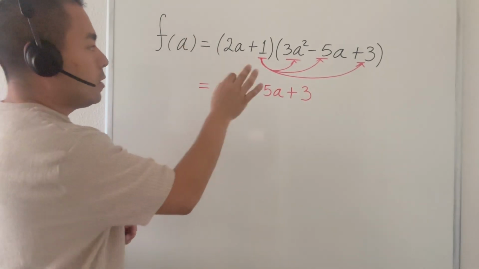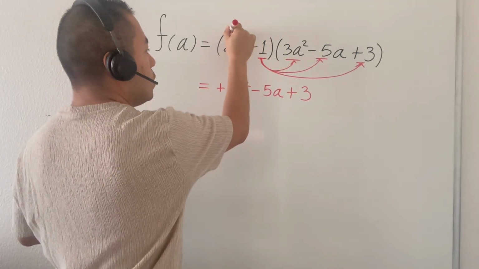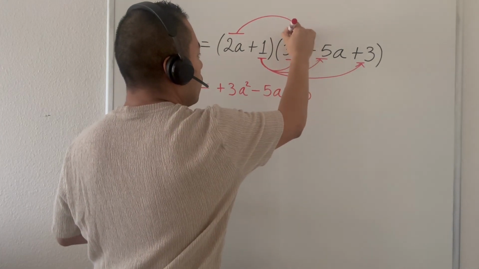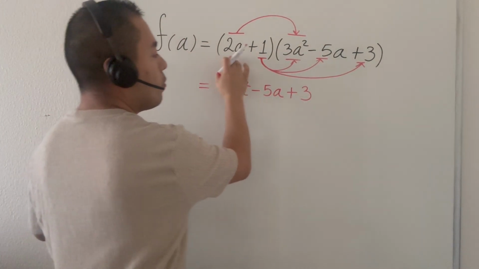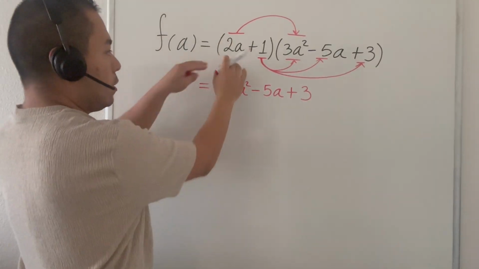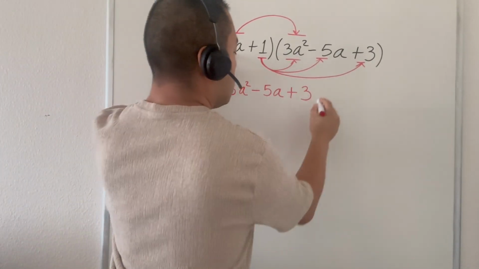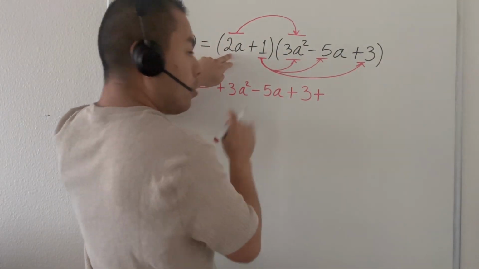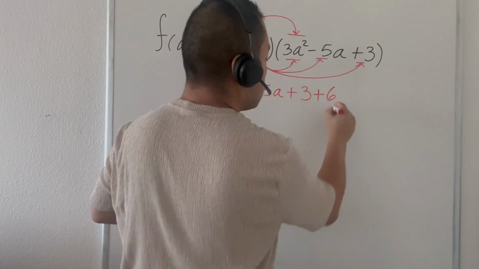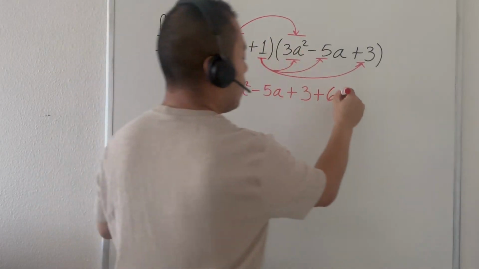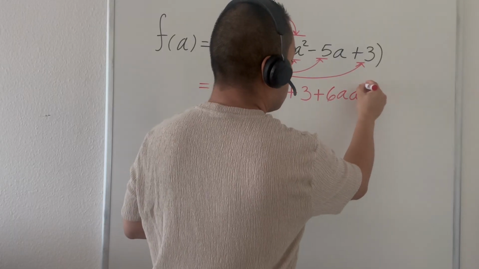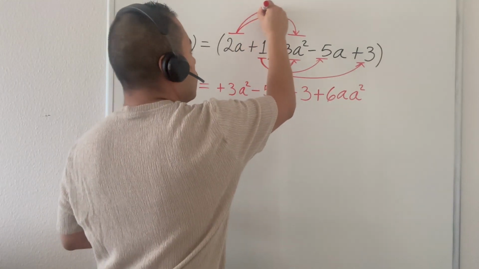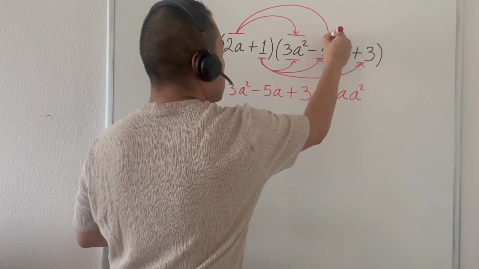Now, the second term of the first expression here, this is 2a, that will multiply the first term here, 2a by 3a squared, okay? So let's do it. Signs, plus by plus, plus. Coefficients, 2 by 3, 6, and variables, a by a squared. I will just write a and a squared for now. Second term, the first term here by the second term in this expression.